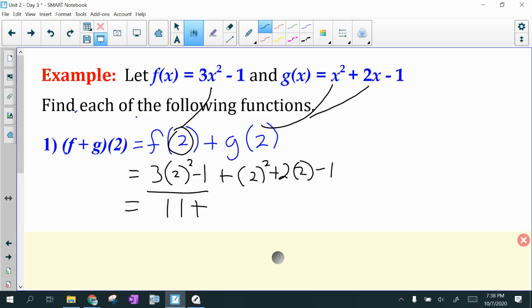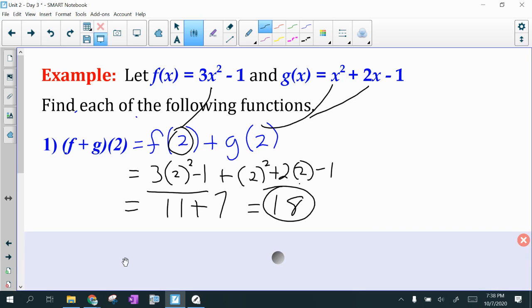Plus 2 squared is 4, 2 times 2 is 4, so I'm looking at 4 plus 4 minus 1, which is 7. So 11 plus 7 is 18. And you're done on that.